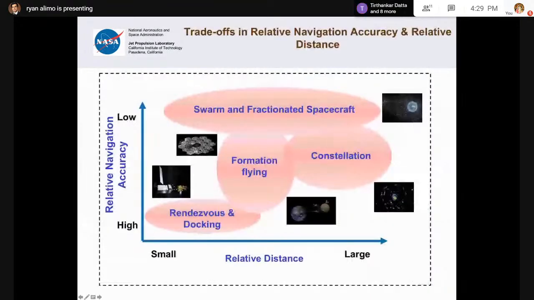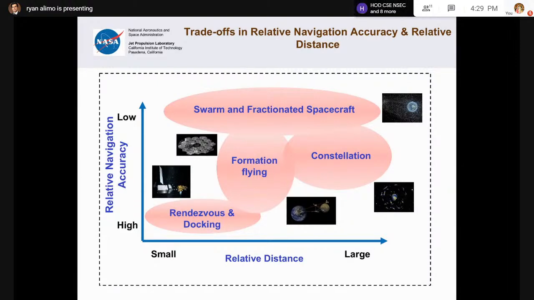When we talk about relative navigation, there are two factors that are important for us. The first one is the accuracy that we need in order to perform our mission. The other one is relative distance. So there is a trade-off between accuracy and relative distance.